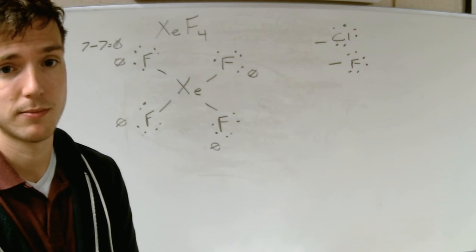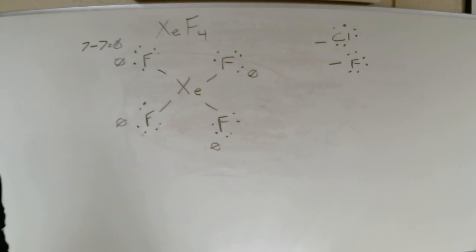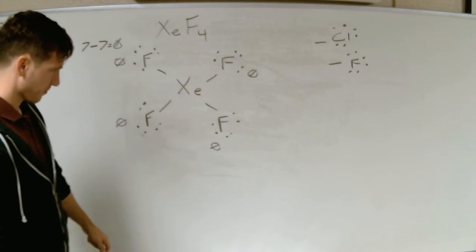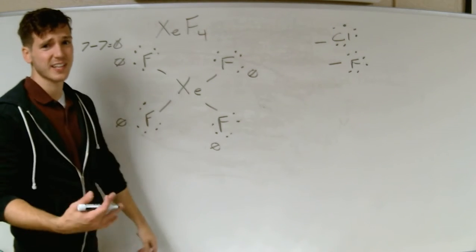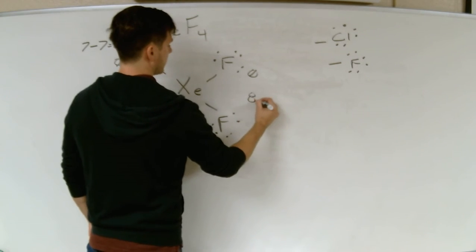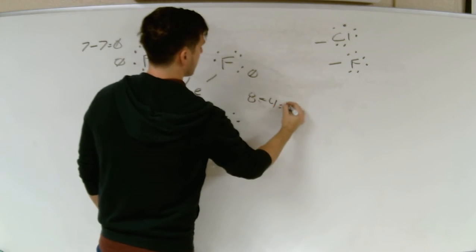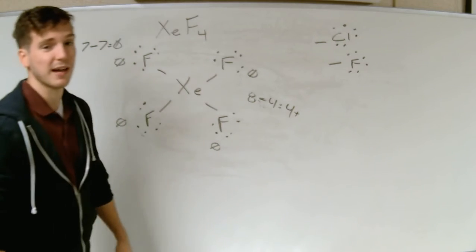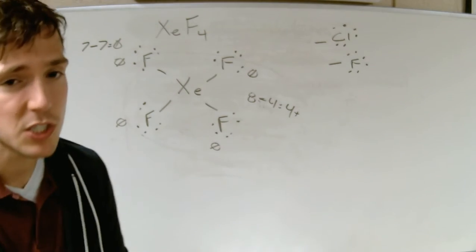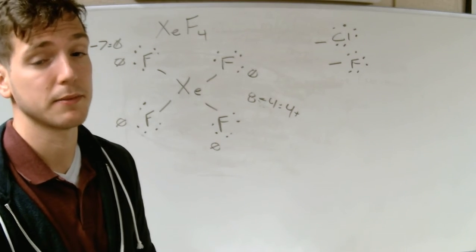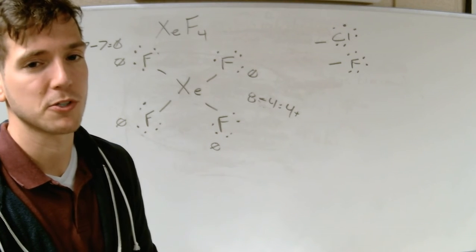Hardly ever. And I already told you xenon's an electron hog. Right now, it likes 8, right? But it's surrounded by 1, 2, 3, 4 right now. It's got a +4 formal charge. So let's put something on it, like lone pairs, that'll give it a formal charge of 0.